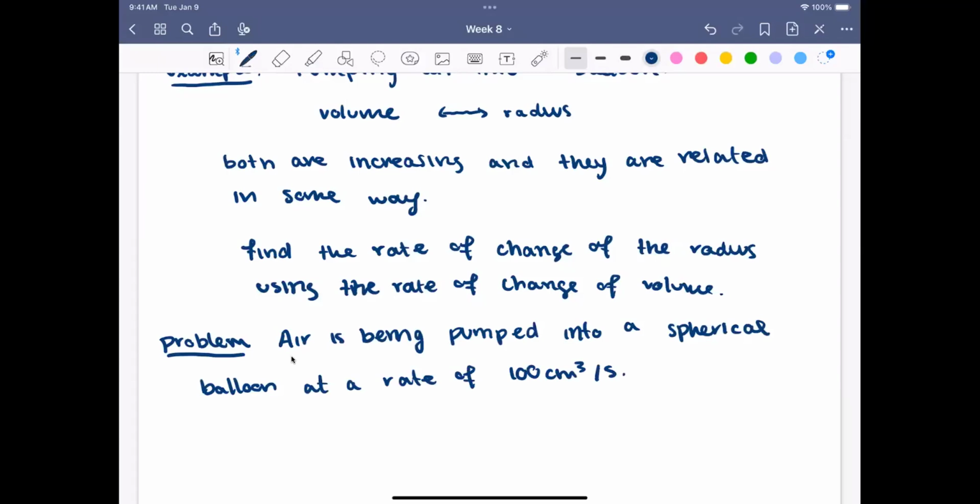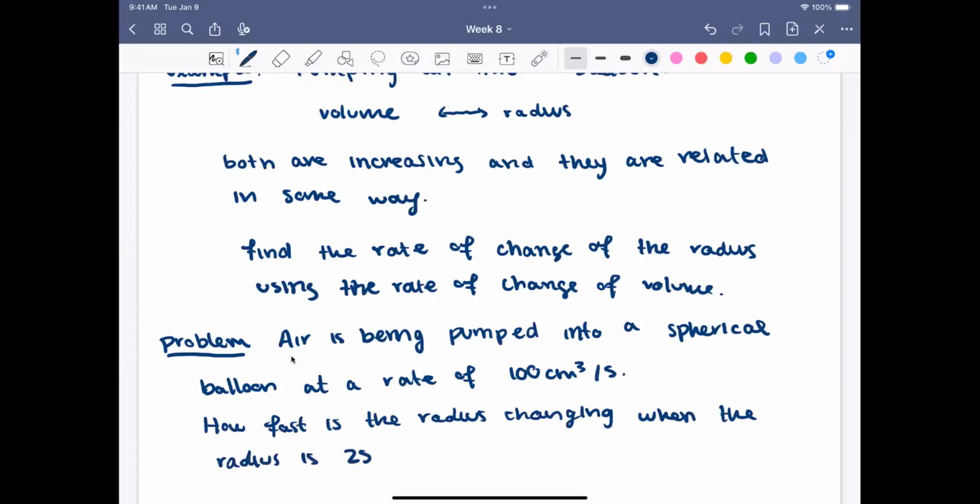And then we're going to ask how fast the radius is changing at the time when the radius is 25 centimeters. Okay, so this is our question.